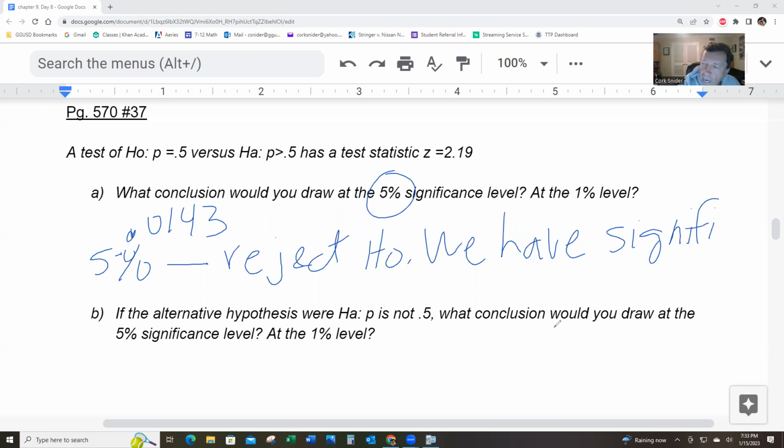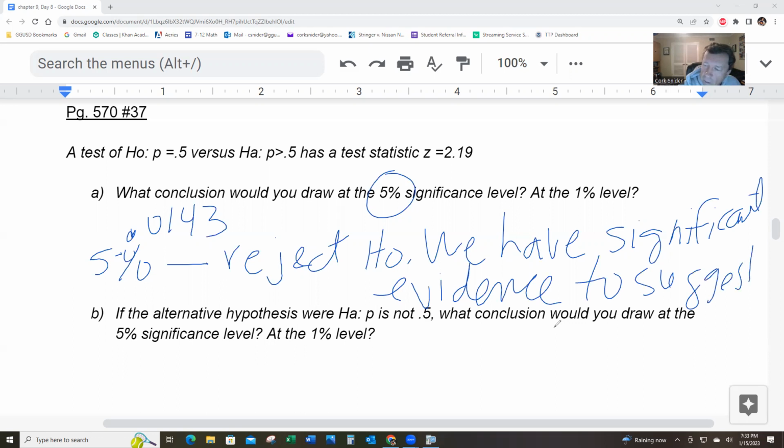We have significant evidence to suggest... I'm going to stop there, okay? Because I don't have the problem in context. That's what you would say at the 5% level, okay?